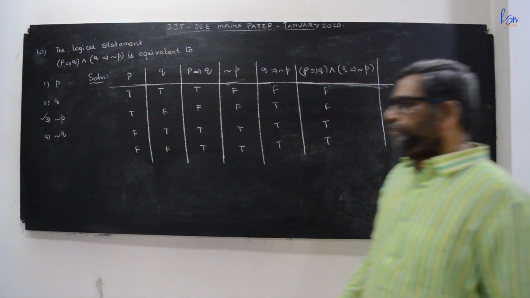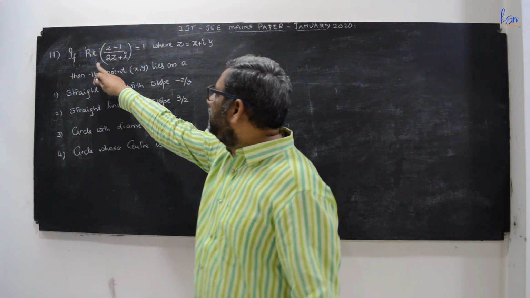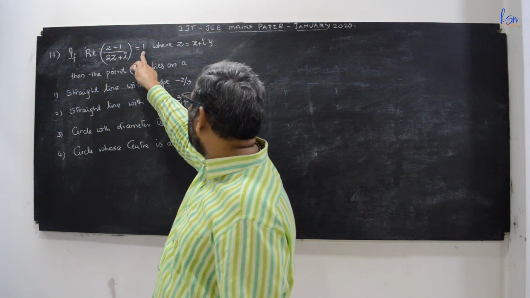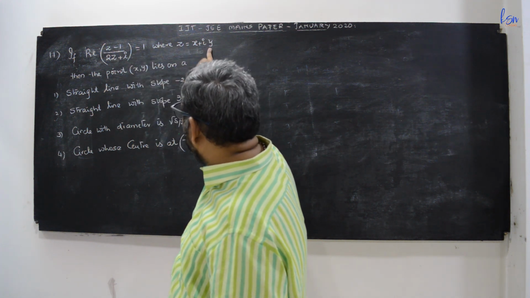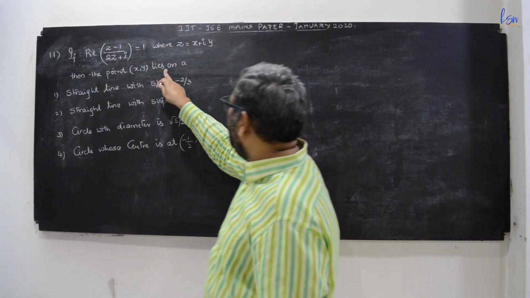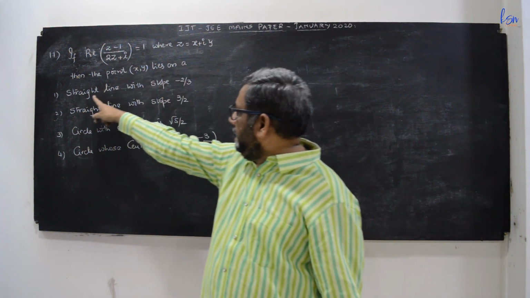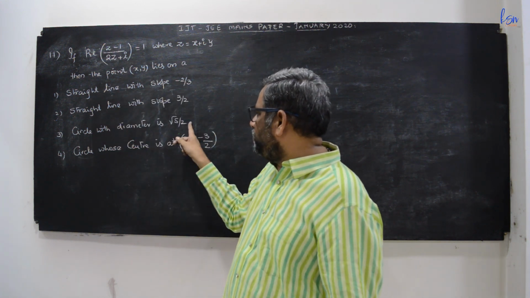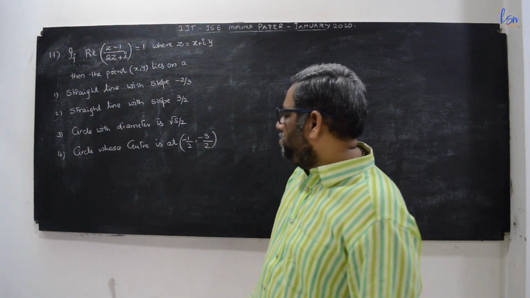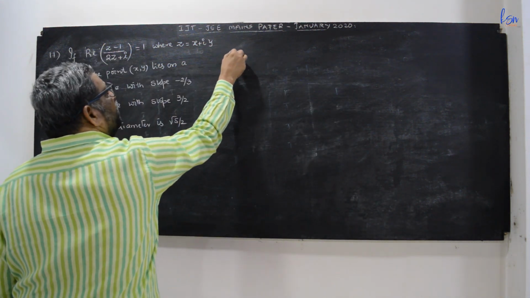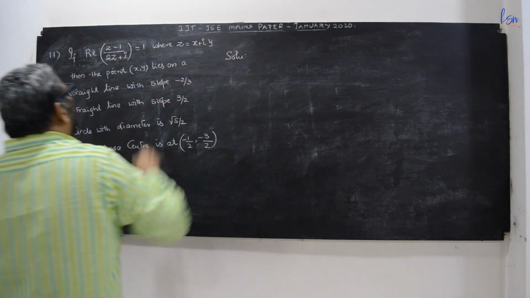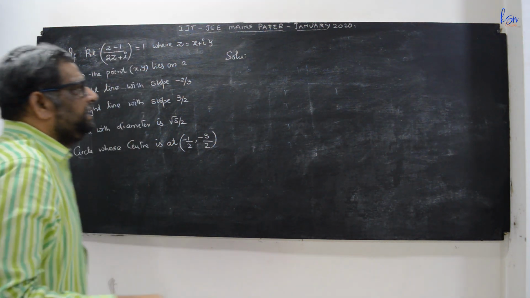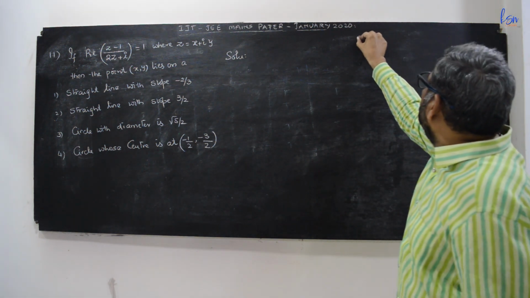The next problem is, if real part of z minus 1 by 2z plus I is equal to 1, where z is equal to x plus iy, then the point x comma y lies on a straight line with slope minus 2 by 3, a straight line with slope 3 by 2, a circle with diameter root 5 by 2, or a circle whose center is at minus 1 by 2 comma minus 3 by 2. Now we will look into the solution. Here, real part of z minus 1 by 2z plus I equals 1.